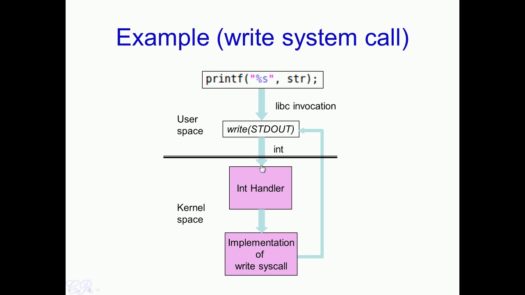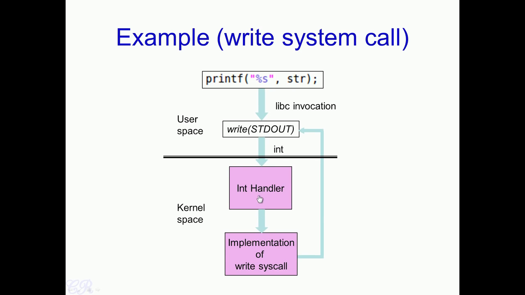The OS would then determine that the interrupt was in fact due to a system call, and then it would determine which system call it was. In this case, it was a write system call, and it was a write to the stdout, the standard output.